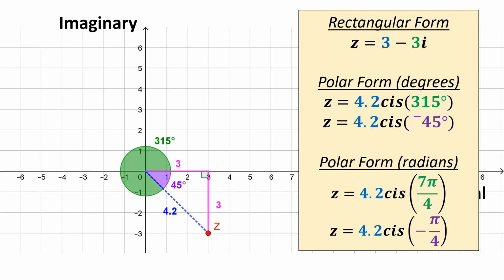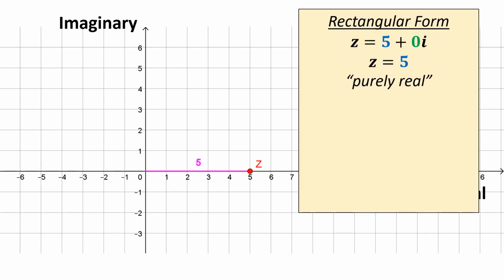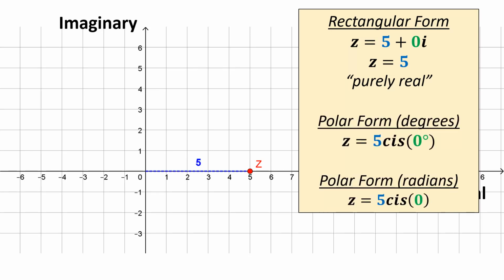We could also work in radians, again, any time for any of these complex numbers. And finally, if we pop back to the real axis again here, this is 5 plus 0i, no imaginary bits, it's purely real. And in polar form, we'd say 5 cis 0, because we're not rotating anywhere.